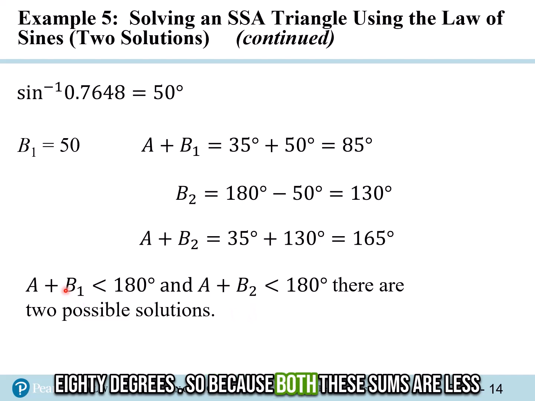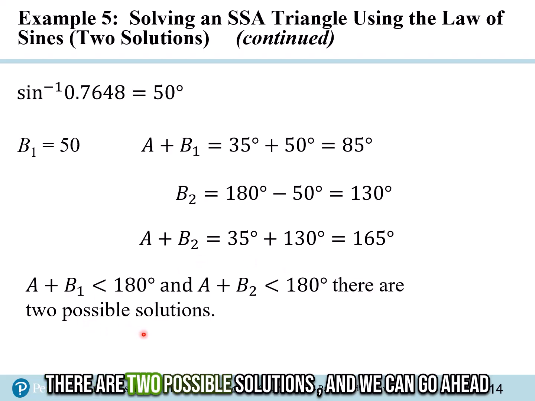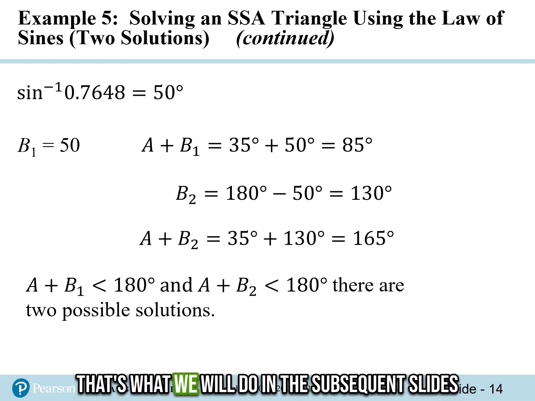So because both these sums are less than 180 degrees, that tells us there are two possible solutions, and we can go ahead and complete solving for the rest of the triangle. And that's what we will do in the subsequent slides.